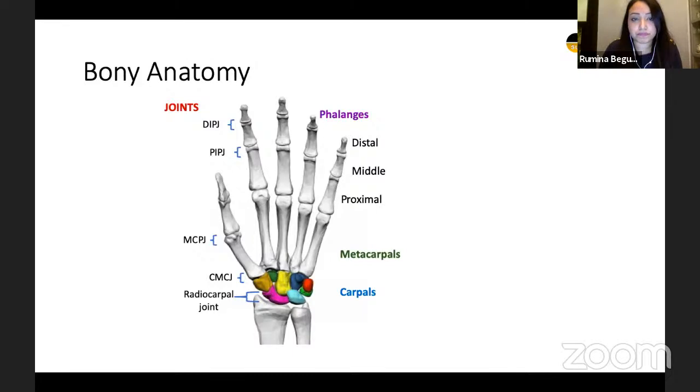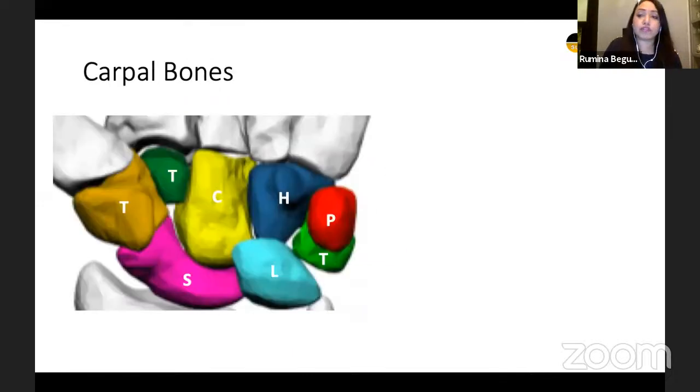Okay, so taking a closer look at the carpal bones, just to orientate ourselves, this is a 3D image of a left hand volar aspect, and this is the thumb base. So going from the proximal row, we have the scaphoid, lunate, triquetrum, and the pisiform.